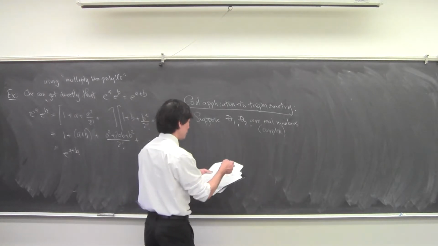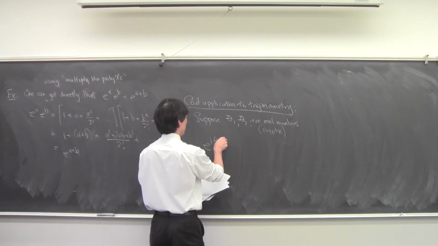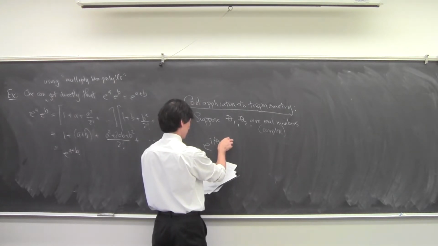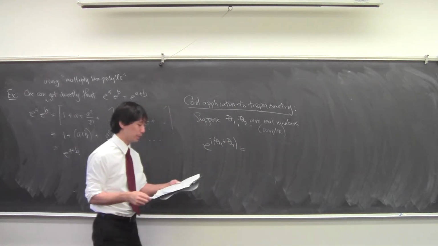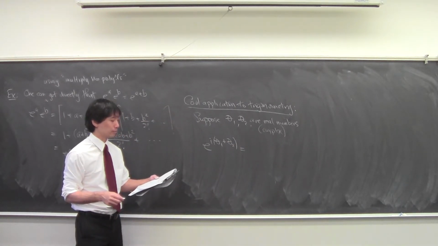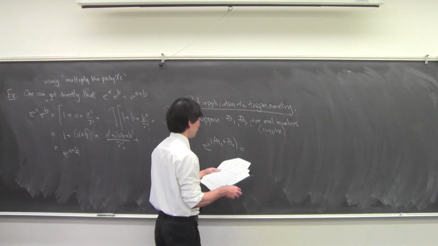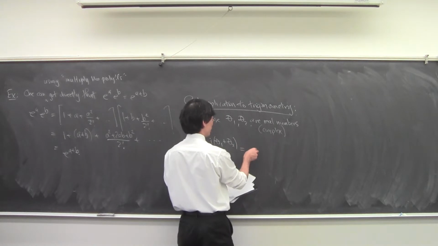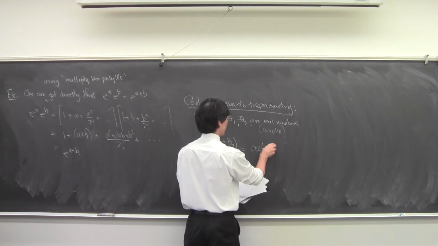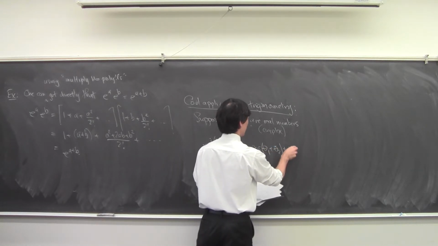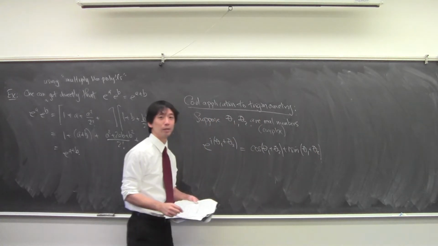Okay, so let's look at e to the i times theta 1 plus theta 2. By Euler's formula or de Moivre's formula, that's going to be cosine of theta 1 plus theta 2 plus i sine of theta 1 plus theta 2.